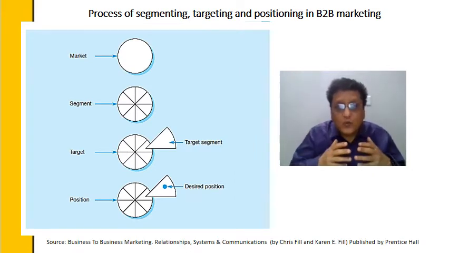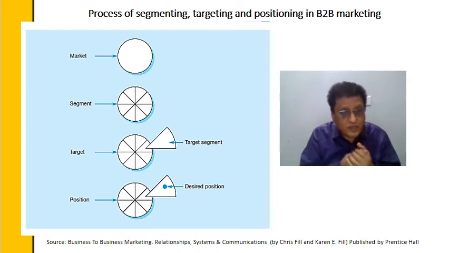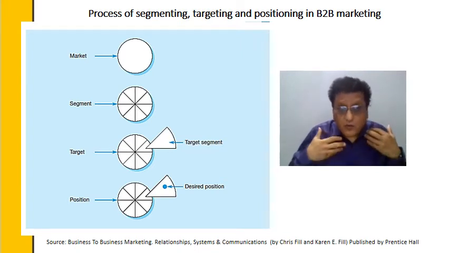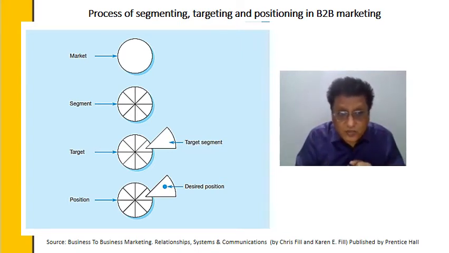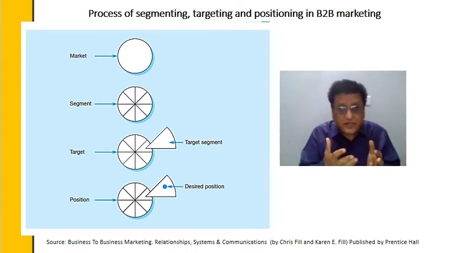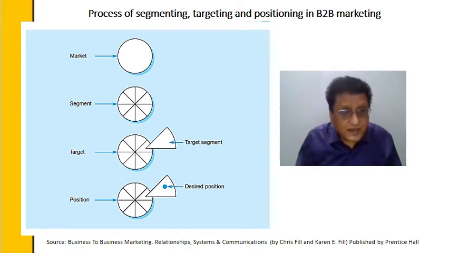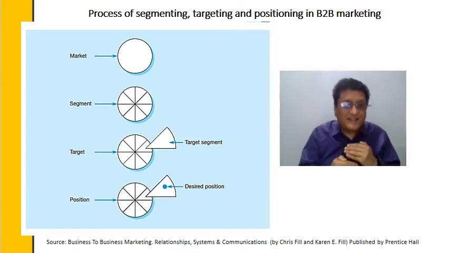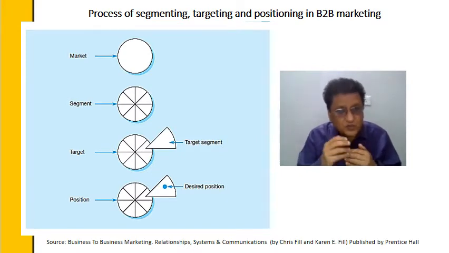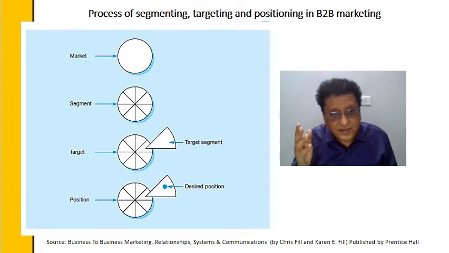Position is what the customers think of me, or what I want customers to think of me. Positioning is different from offering. Offering is done by the seller, and positioning is in the mind of the customer.